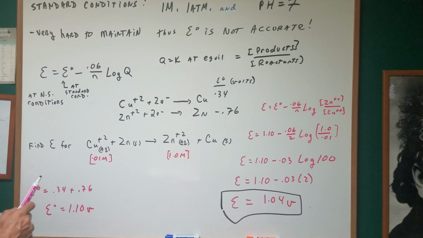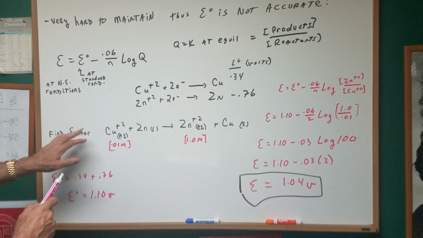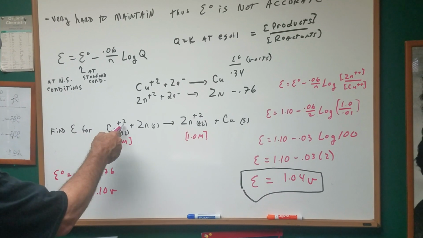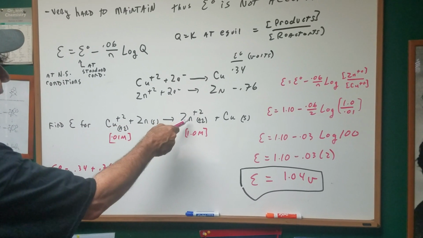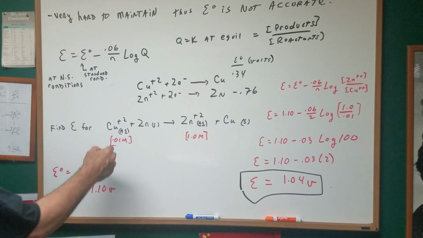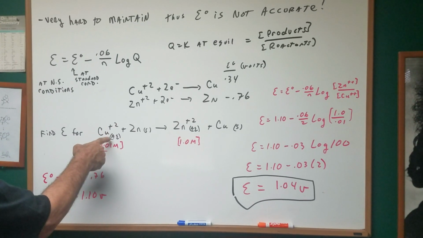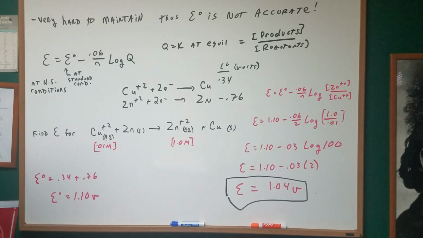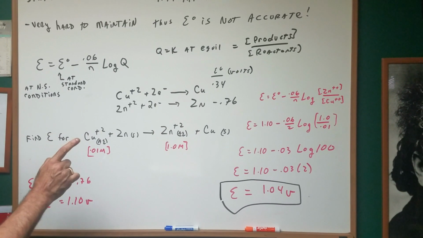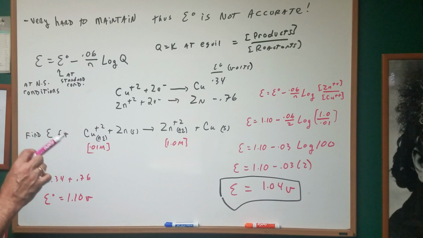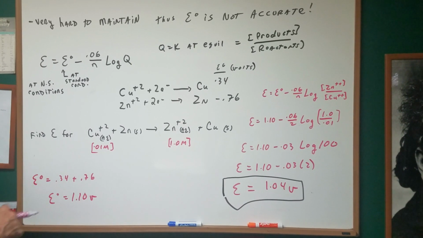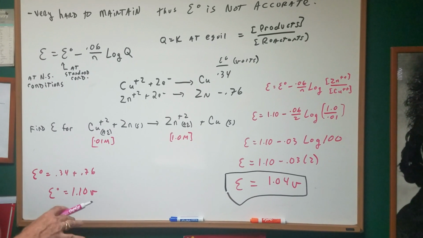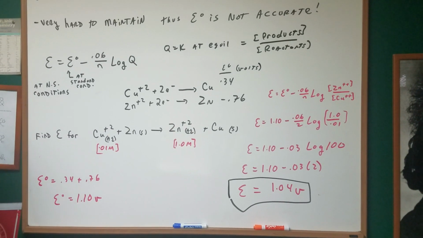What I want to do is find the E for this reaction: Cu2+ plus Zn gives Zn2+ plus Cu. But here's the deal. I give you the copper at 0.01 molar, and the zinc is at 1 molar. The minute you see an ion concentration not at 1 molar, you know it's the Nernst equation.